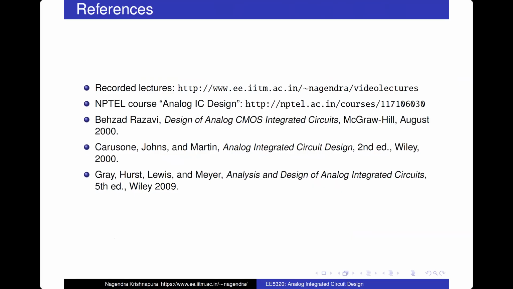If you know it, it is good. But even if you don't know it, as long as you can start from the model of the devices, that is the IV characteristics of the devices, that's sufficient. And I think you've already done solid state devices. You're doing it now. Oh, okay. But you have done something equivalent. Yeah, you won't need it.